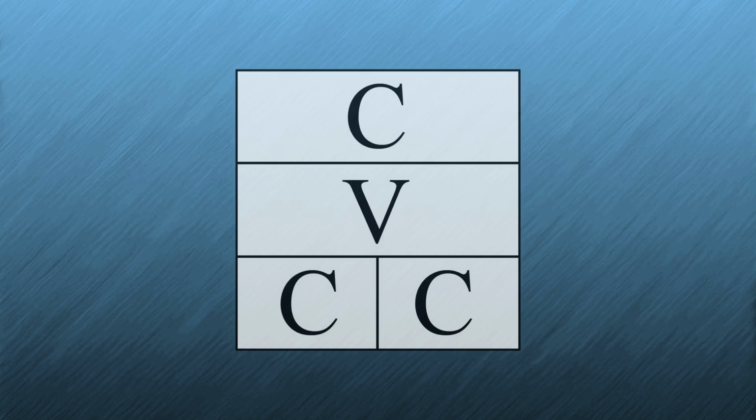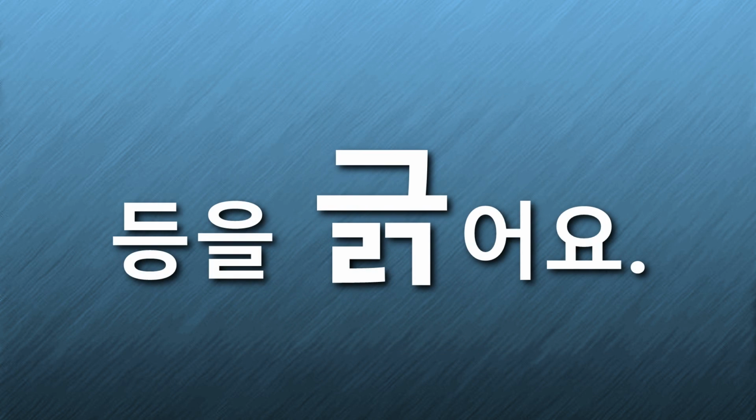However, if we want to use a horizontal vowel, we'll need a different 4-letter syllable block. Here's that second block. This block also uses 4 letters and can be used when you have a horizontal vowel. Here's a quick example. 등을 긁어요. This sentence means I scratch my back.